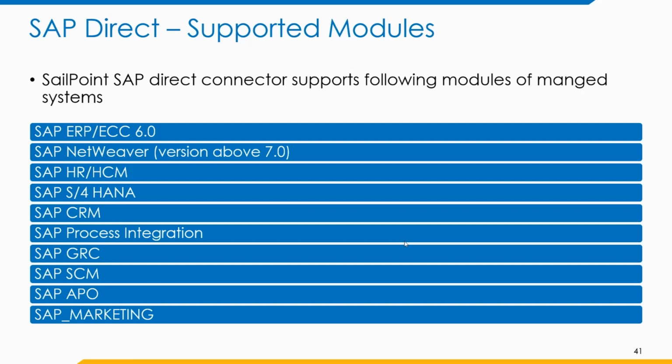Coming to SAP HR HCM system, SAP S/4HANA, SAP CRM, SAP Process Integration, SAP GRC, SAP SCM, SAP APO, and SAP underscore marketing. So these are the different direct connectors that the SailPoint identity connector can support.